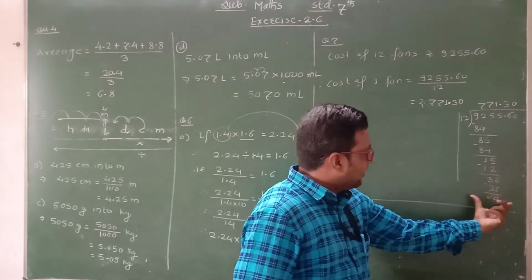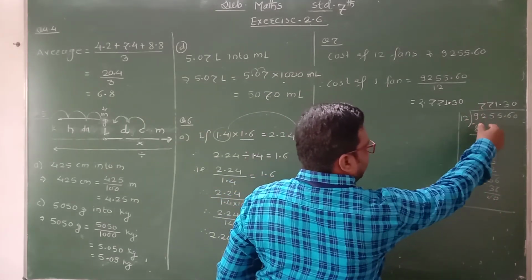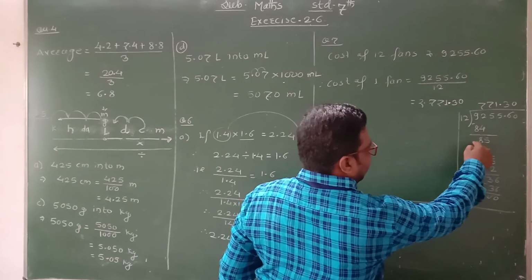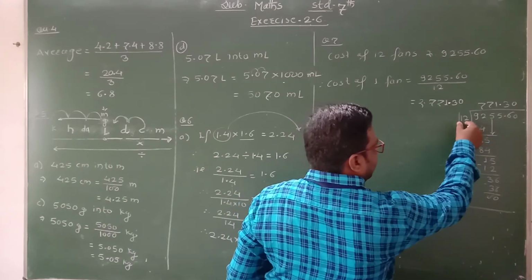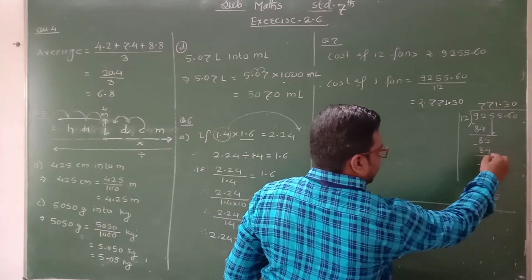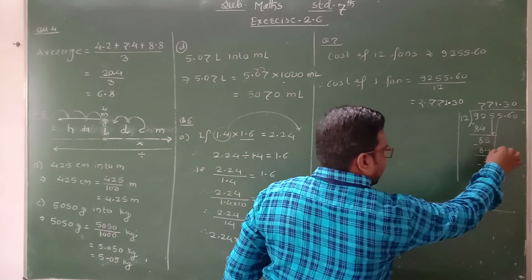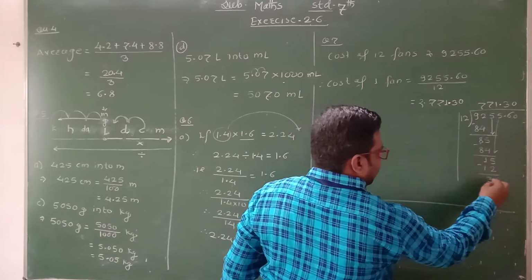Now here I do the division in rough. 12 sevens are 84, 92 minus 84, here we get 8. Then here we take 5, then again 12 sevens are 84, here we get 85 minus 84, that is 1. Then again here I take the next number, that is 5, 15, then 12 ones are 12, remaining is 3.